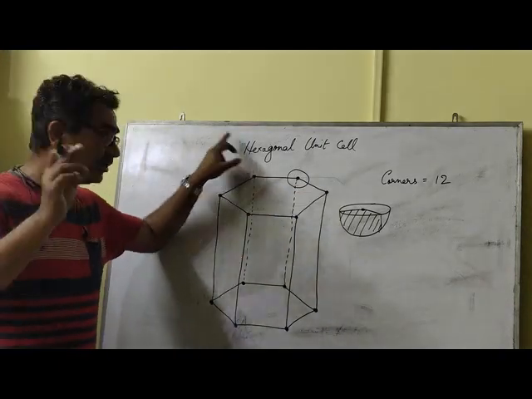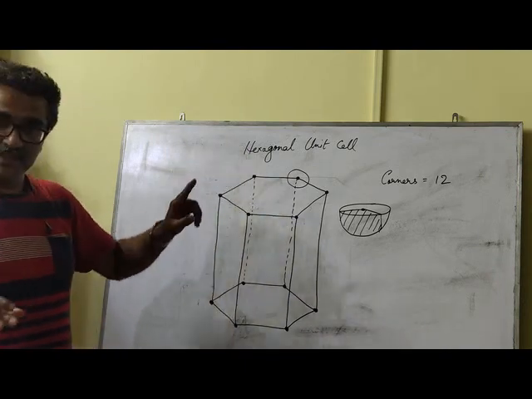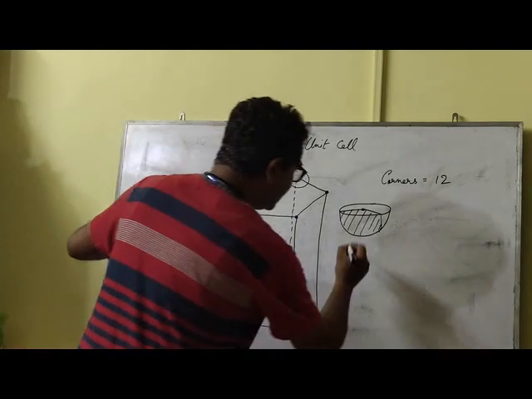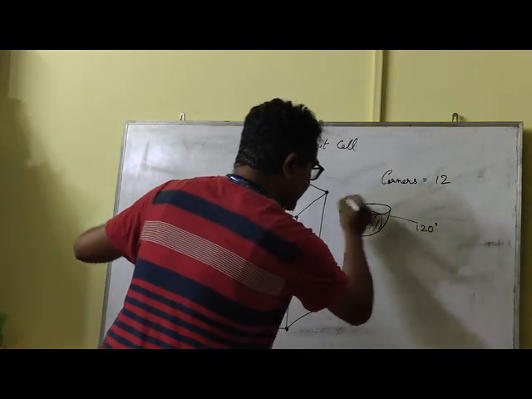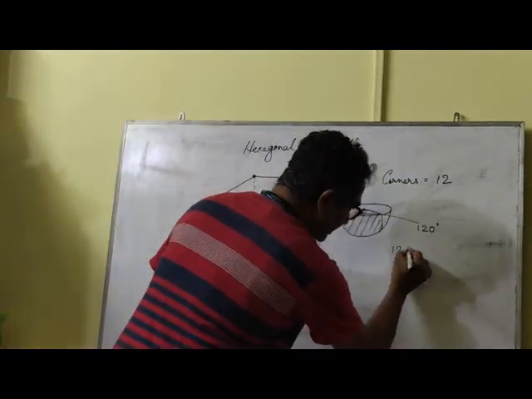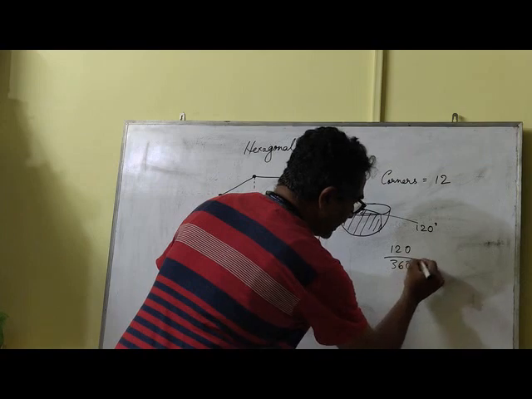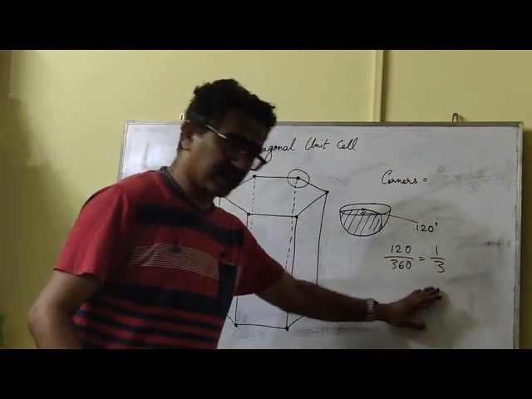I already mentioned before that you can consider it to be a regular hexagon. So this particular angle is 120 degrees, and the entire circle is obviously 360 degrees. So 120 divided by 360, we get 1/3.